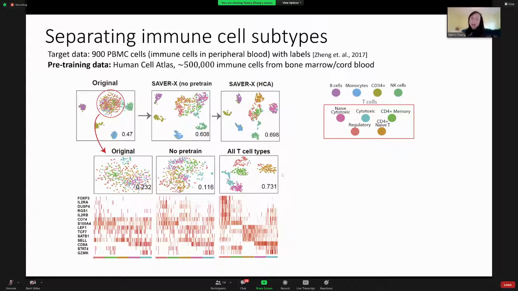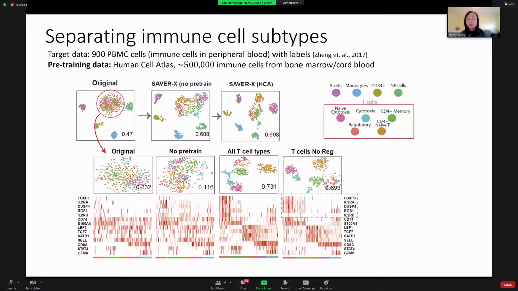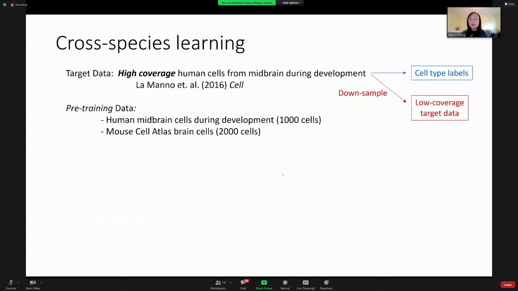When we pre-train on the Human Cell Atlas, are we going to bias our results so that we are not able to tell apart the cell type? And this is the result. You see that the regulatory cells are still separable. So there's some robustness here, and we tried this with different cell types, and it's pretty much the same.